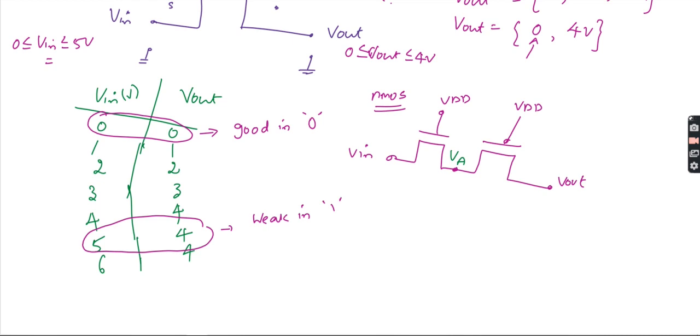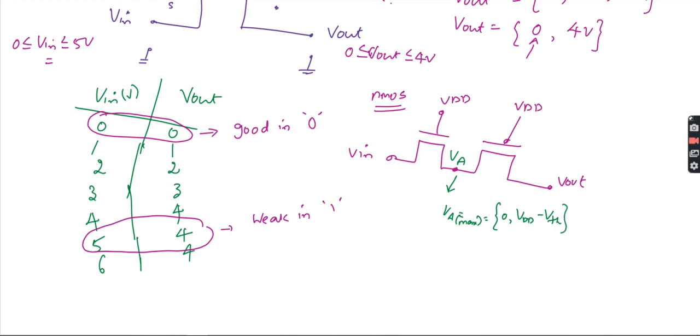Now you can see when I give, what will be the VA we will get? What is the maximum voltage we will get at VA? Any idea? VA max will get from 0 to VDD minus VTH. Okay.